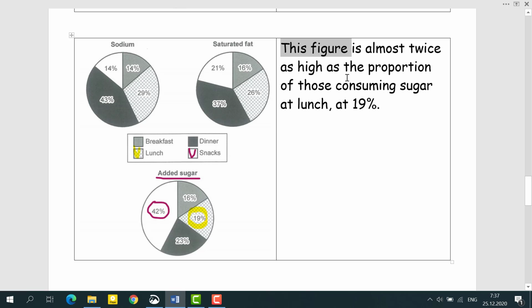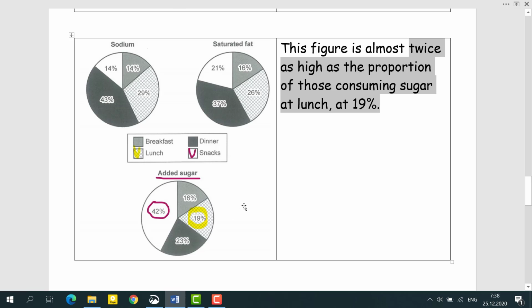And remember, when you're talking about percentages, you don't want to write this number. Only this figure or only this proportion. Don't write the word number. So you just use this. This figure is almost twice as high as the proportion of those consuming sugar at lunch here.